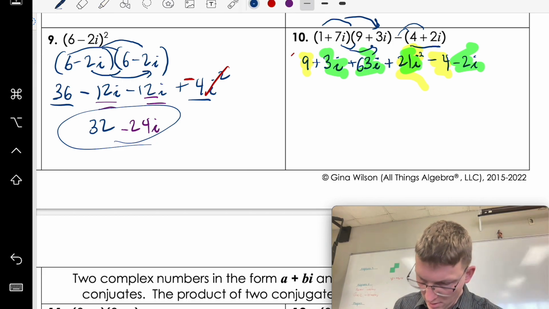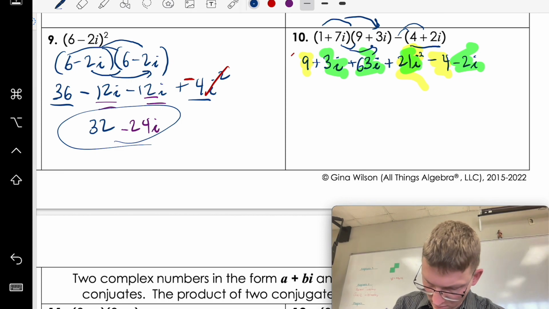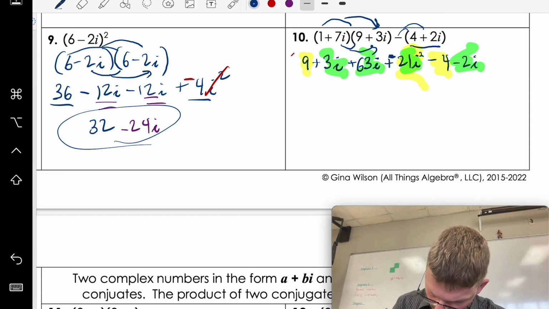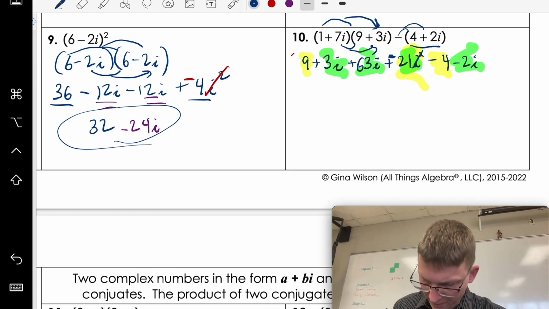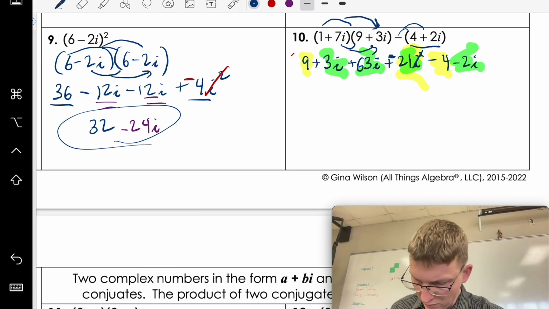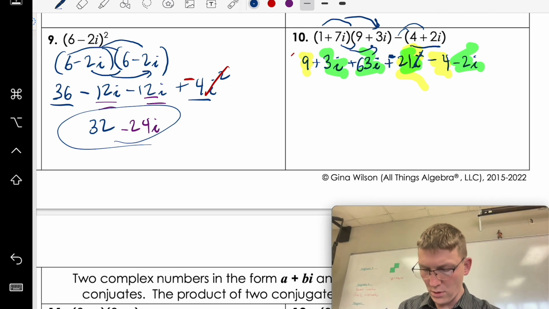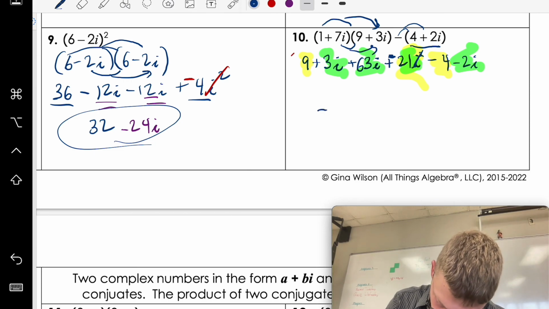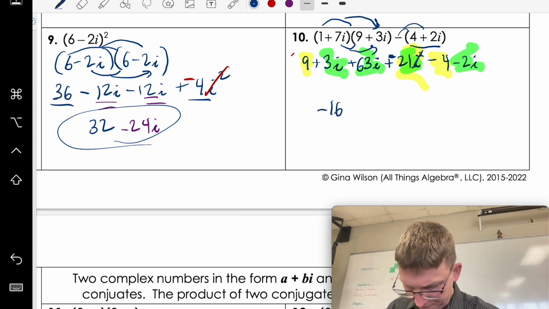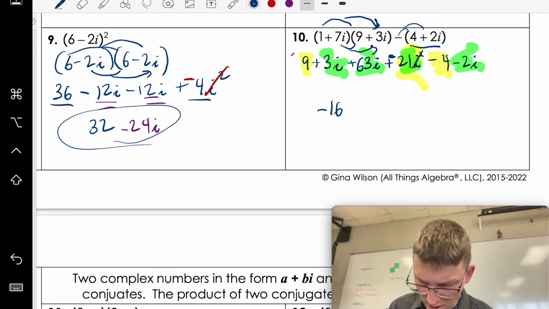Anyway, so let's see here. We've got now a negative sign and that i squared. Okay, so then negative 21 minus 4 is negative 25. Plus 9 is negative 16. So then we combine all of our i's.